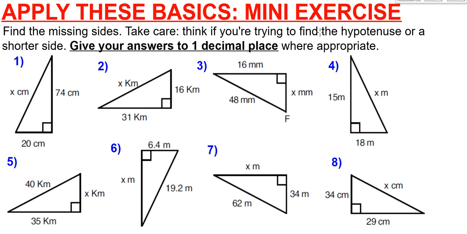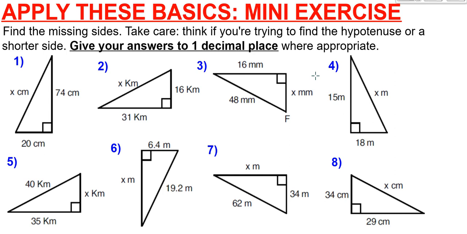Think if you're trying to find the hypotenuse or a shorter side. Give your answers to one decimal place where appropriate. For these 8 questions, allow yourself some thinking time so you're not rushing. 8 questions, give yourself 10 minutes. You might be able to do it much quicker, but it's not a race. It's just about seeing that you can understand how to apply this method. So pause the video now and have a go. Press play when you want to check your solutions against mine.